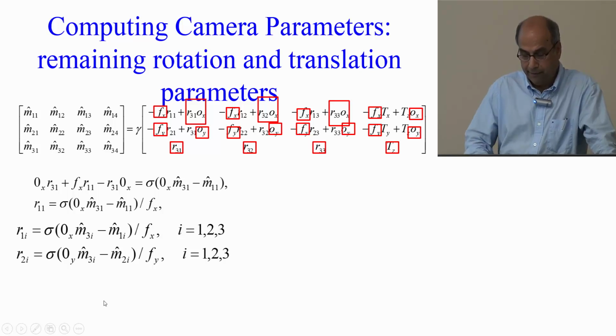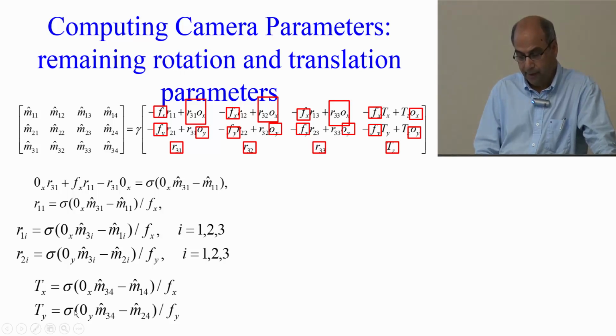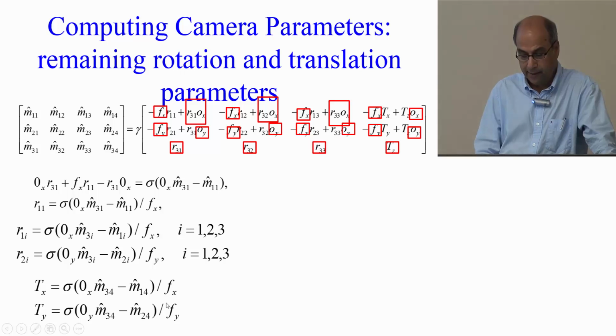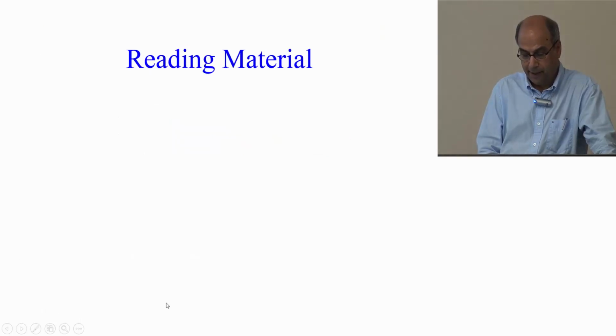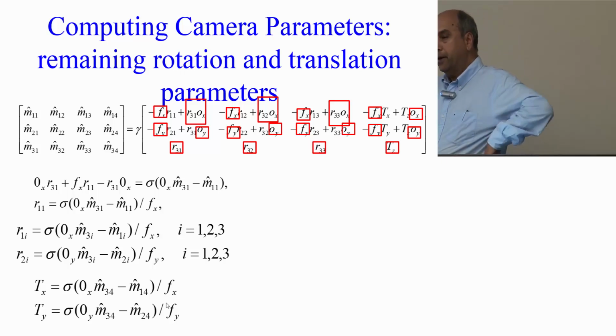And then once we have that, we only have to determine tx. So tx will be from here, and ty will be from here. Again we look at the corresponding elements, so m34 subtracted from m14 and this is multiplied by fx, we divide by that and simplify, and we get tx and ty. So that is the way we go through and systematically compute this.